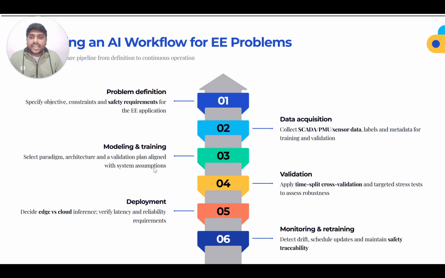A critical decision is edge versus cloud inference. We must verify latency and reliability requirements to ensure real-time performance. Finally, stage 6, monitoring and retraining. Post deployment, we must continuously detect data drift, schedule necessary updates, and maintain safety and traceability in all our model versions.